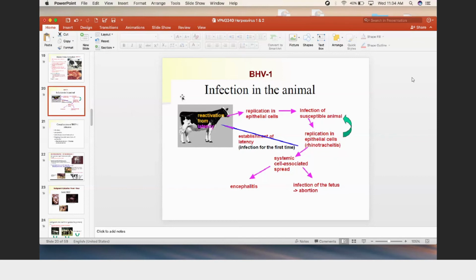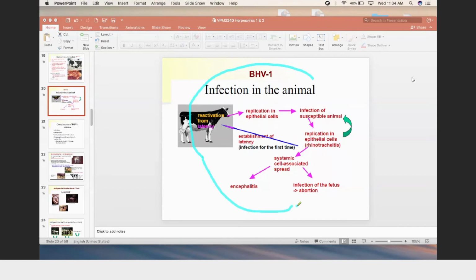Okay, this is actually the diagram to share with you. Please remember this. Please focus on BHV1. I cannot give you so much on the other viruses. Because when you study BHV1, you will see that there are lots of similarities in the disease in equine, even though it is not the same virus. In equine, they have equine herpes virus 1.